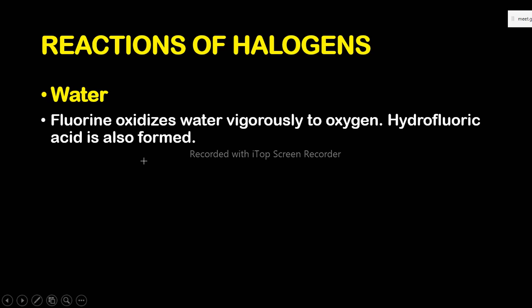Whereas other elements react with water to form hypochlorous acid, as we are going to see, fluorine oxidizes water and the reaction is vigorous, producing oxygen, while the fluorine is reduced to hydrofluoric acid.